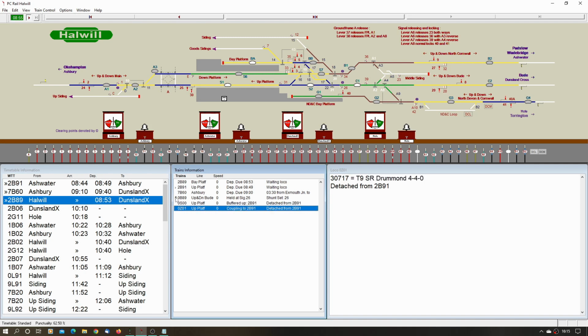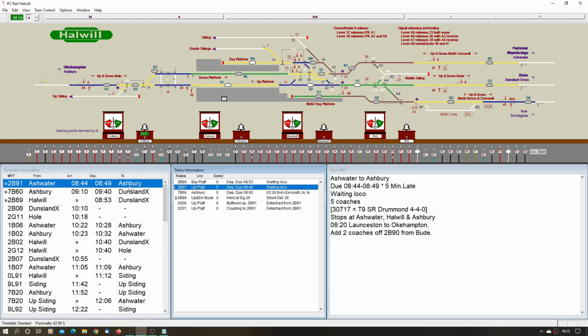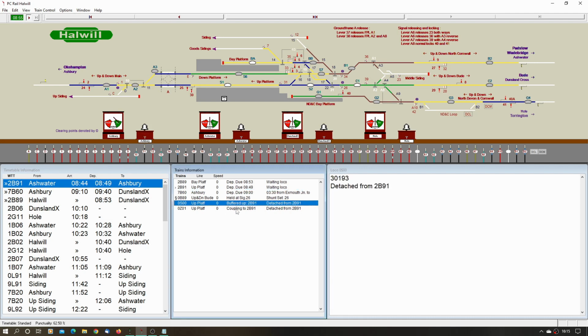So I'm going to offer this train on finally now. This is the 2 Bravo 91. This is line clear, class 2. I'm going to get the gates ready. Still with this coupling.